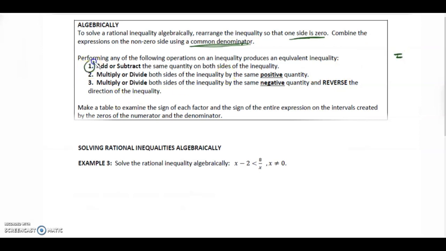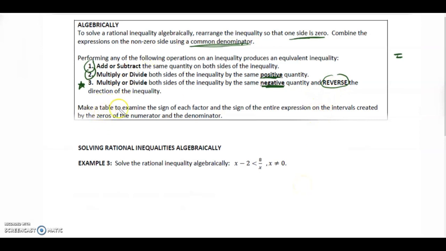Adding and subtracting a quantity from both sides is treated the same. Multiplying or dividing by a positive quantity is the same. The only thing is that when you multiply or divide by a negative quantity, you have to reverse the direction of the inequality.